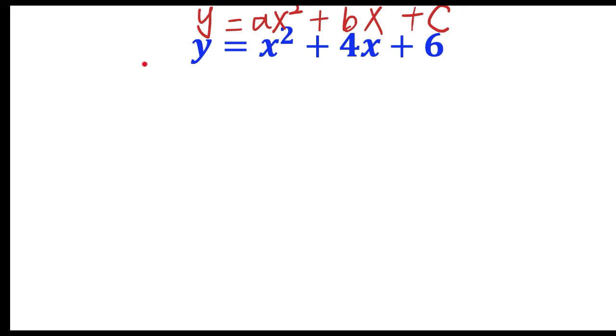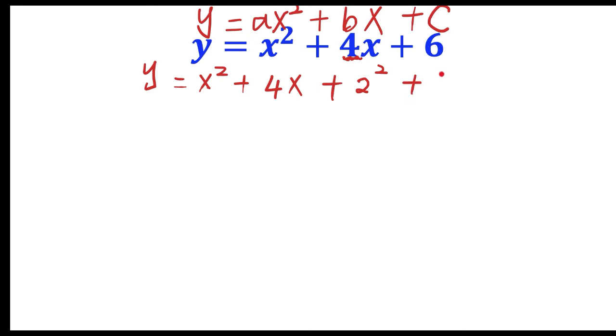Remember we did that before? So y equals, for completing the square, we only need the first two terms. So first step, rewrite the first two terms and then plus half of the middle term's coefficient number, half of it, which is 2, and then square.